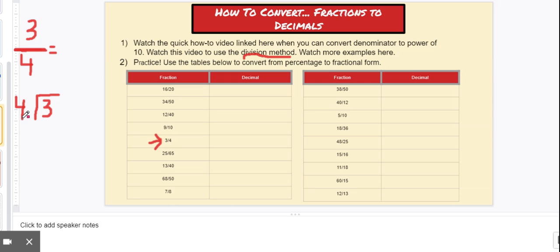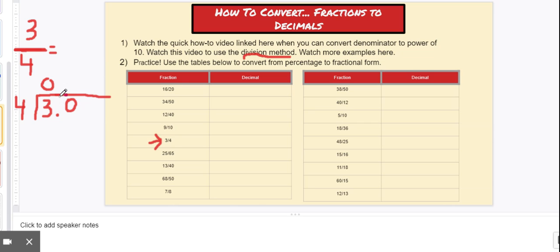So as we take that 3 and divide it by 4, what's going to happen? How many times does 4 fit into 3? Well, it doesn't. But we can say, what about 3.0? Is 3.0 the same value as 3? Yes, it just has a little different look.